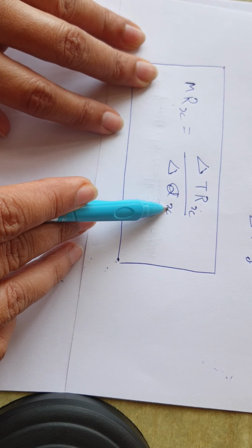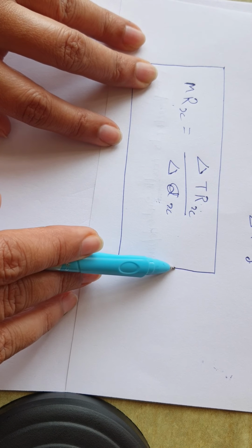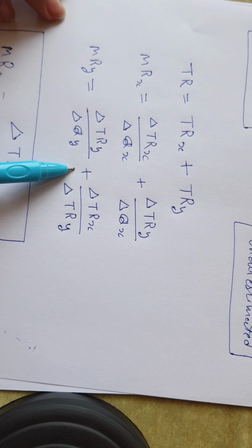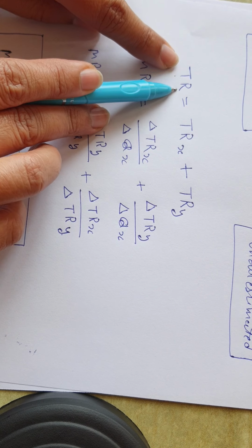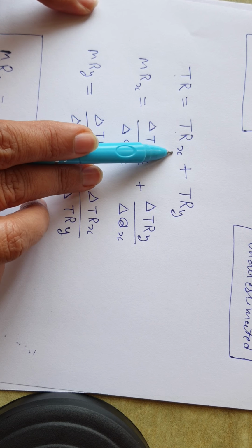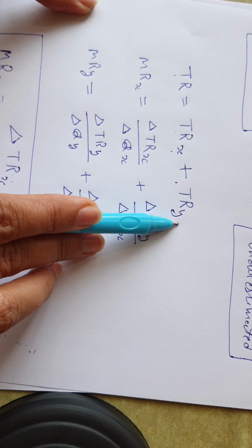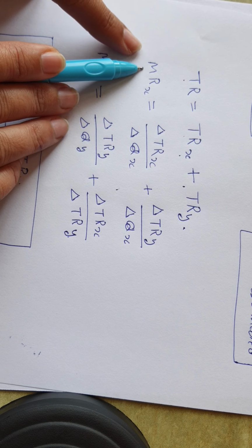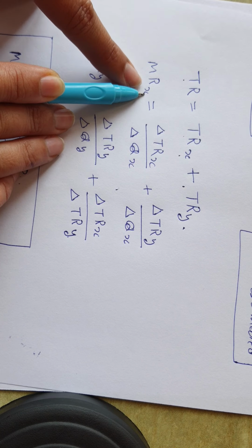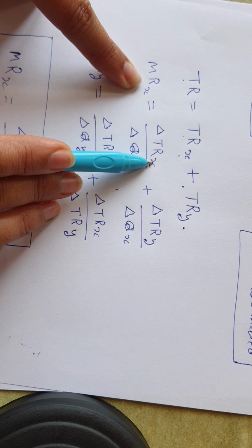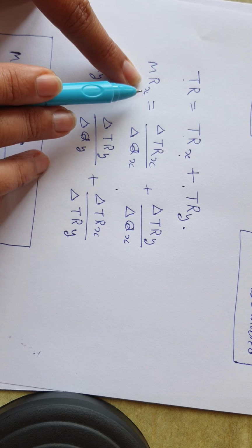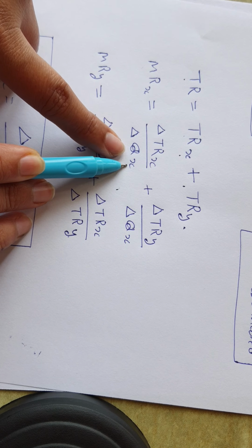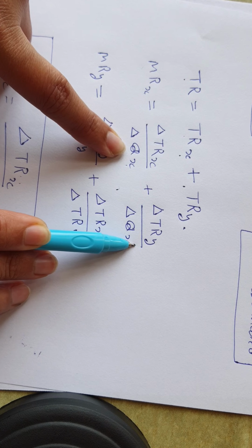But when X is also affecting Y somehow, the equations will be like this. As you know, your total revenue is total revenue from X plus total revenue from Y. We are using an example of two commodities here, X and Y. In this case, marginal revenue of X will not depend only on this portion of the equation, but this portion of the equation is also important.